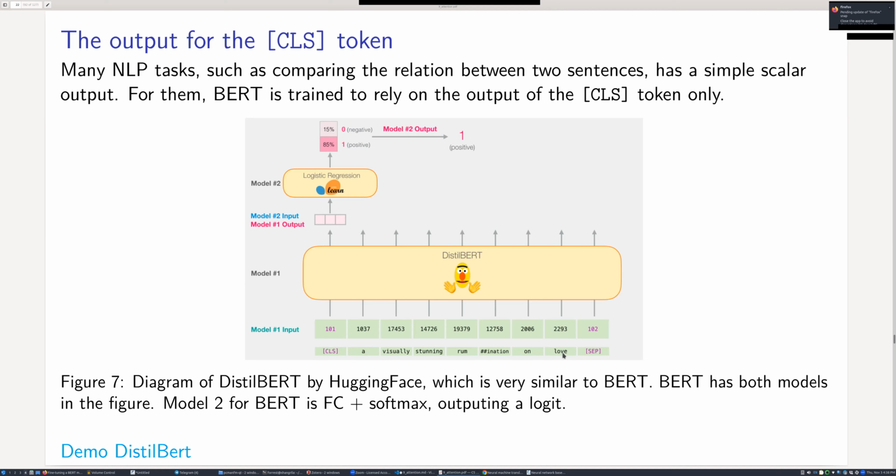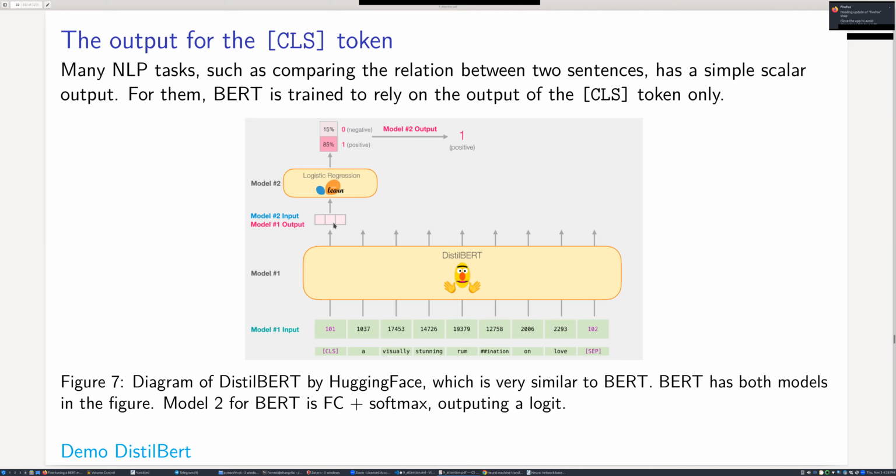So when you do the weighted sum of these word embeddings, the output of CLS gives you a weighted sum of the embeddings of all the tokens in this sentence. Therefore, this CLS token becomes a semantic representation of the entire input sequence.